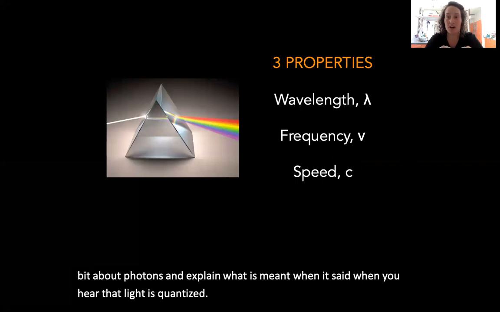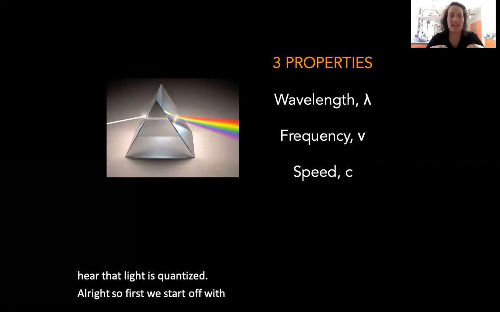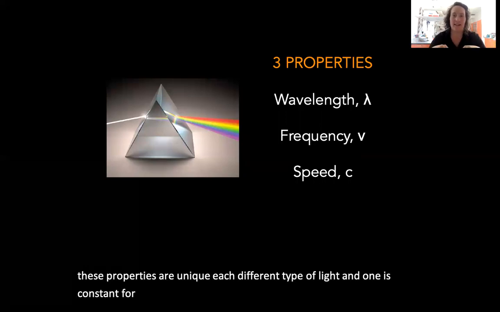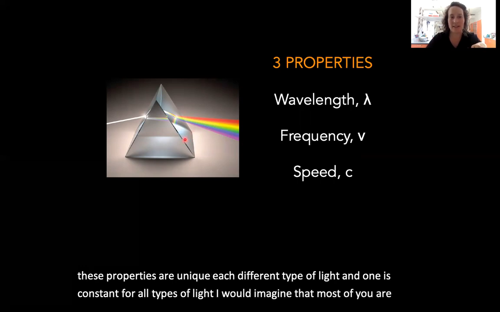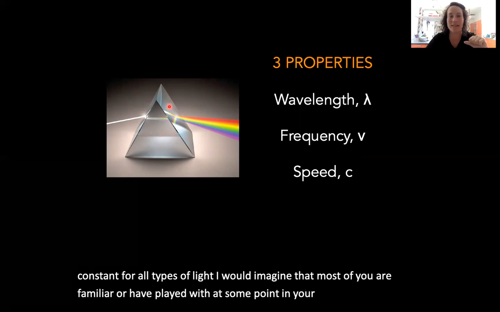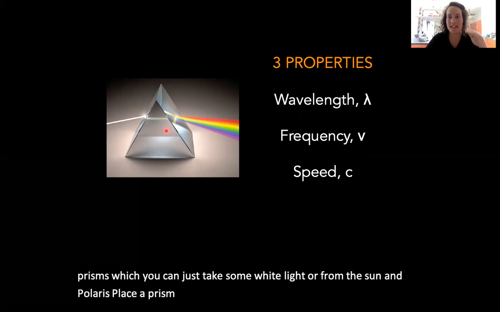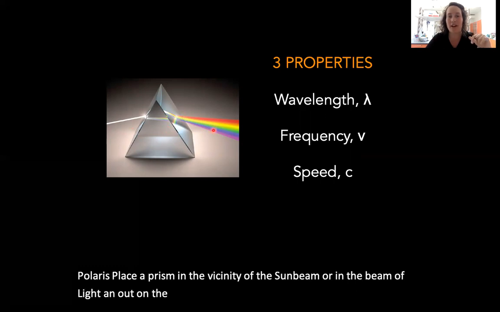All right, so first we start off with the 3 properties of light. 2 of these properties are unique to each different type of light, and 1 is constant for all types of light. I would imagine that most of you have played at some point in your lifetime with a prism, where you take white light from the sun and place a prism in the beam of light, and out on the other side you see a rainbow of colors.